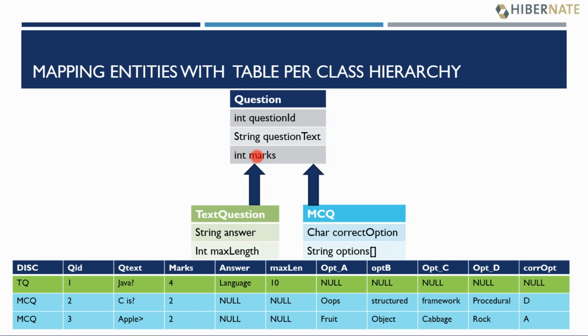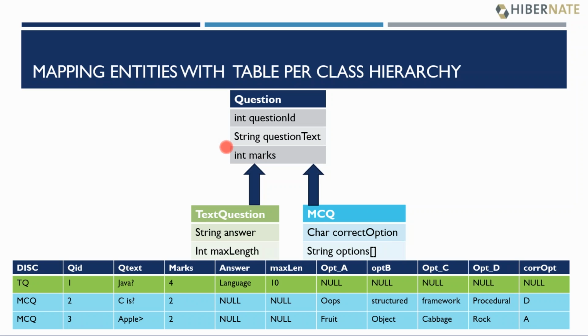The first class is the superclass, and the text question you can call the derived class. But what is the first column here? It is called the discriminator column. So depending on the discriminator, it will only populate those fields, not everything. This discriminator value also we will only give.